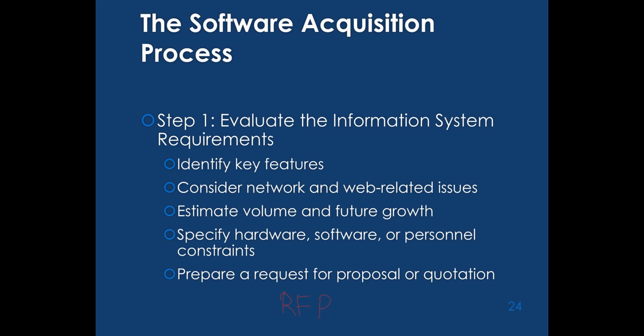Sometimes if the system does not need customization, you may ask for the quotation directly. A quotation is a document that might be just 1 or 2 pages only, talking about the price. They don't explain all the things.